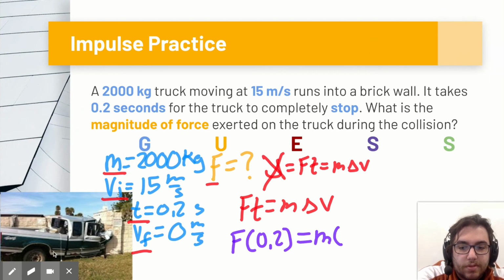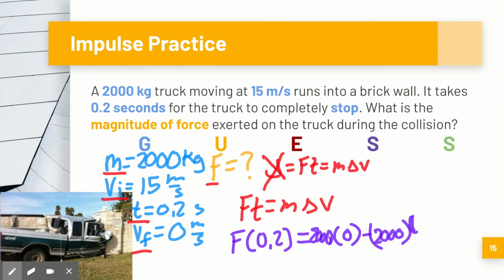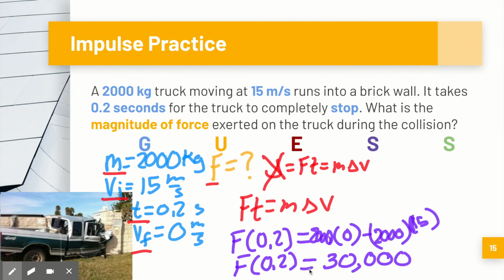So that mass is 2,000 times 0 minus 2,000 times VI, which is 15. 15 times 2,000 is 30,000, and the force is multiplied by 0.2. Remember, because this was 0, we'll be left with a negative 30,000.